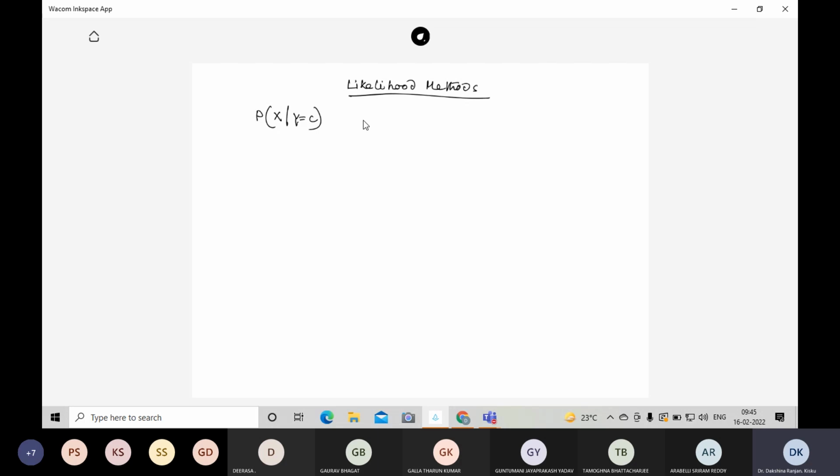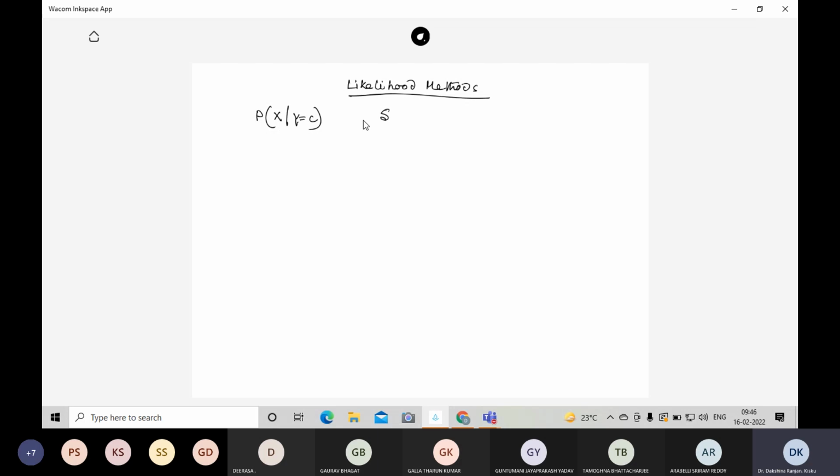Okay, so on the sample space x, so if the sample space is given as capital S, then we can get the data from Cth class, which is randomly drawn from a distribution with likelihood p of x given y equals c.